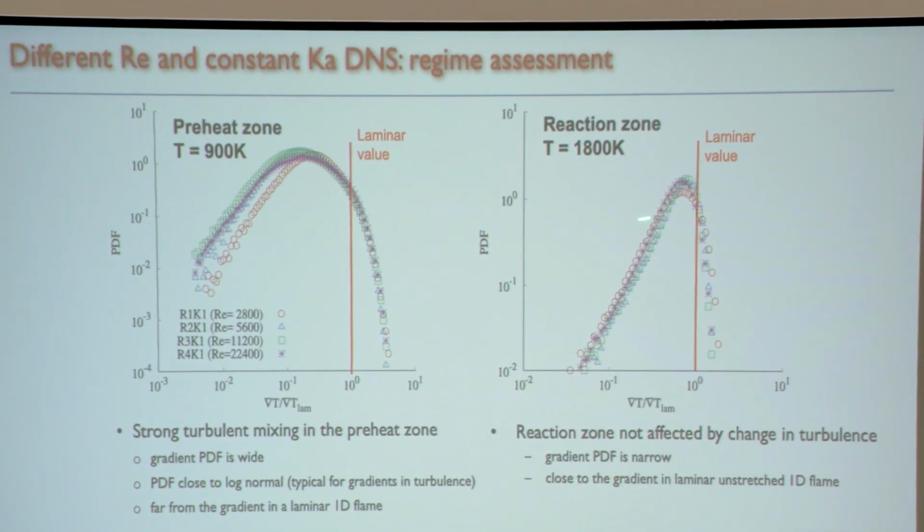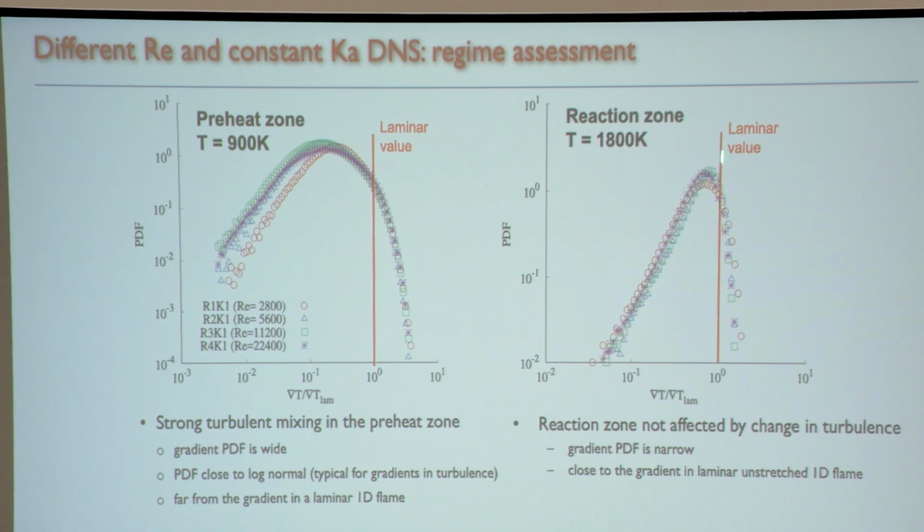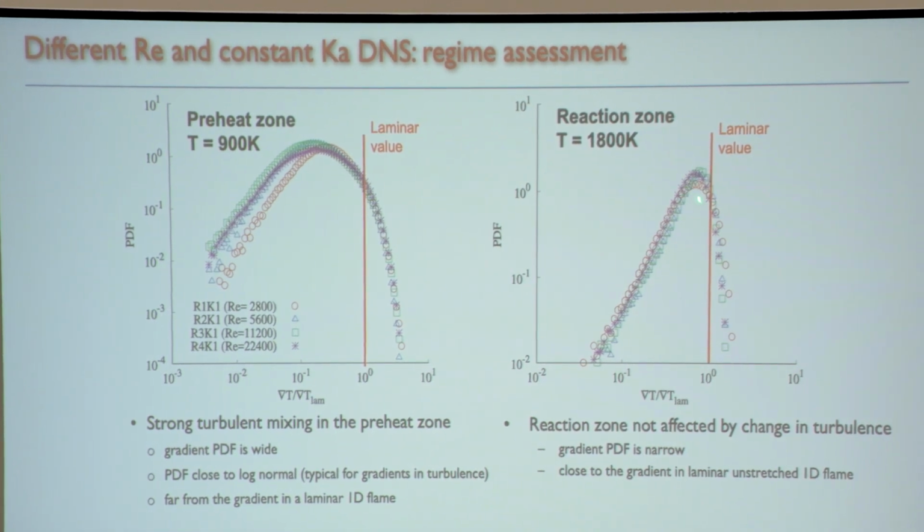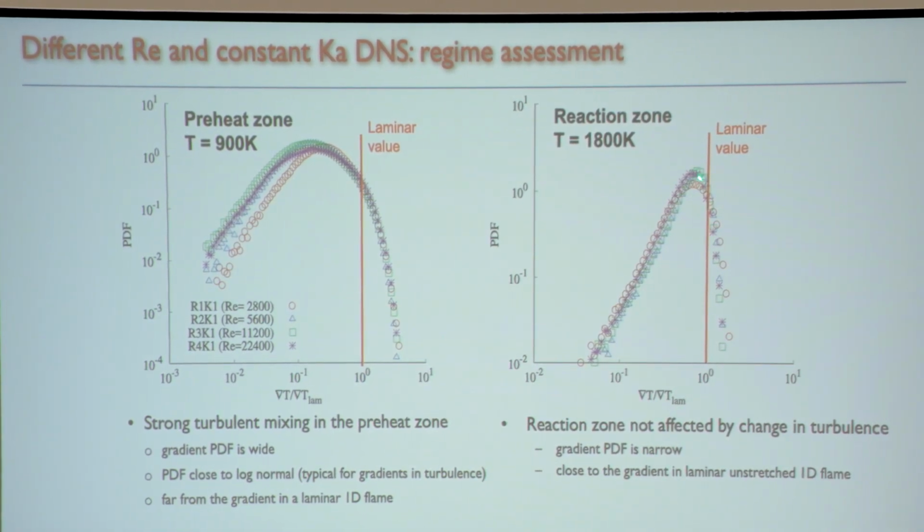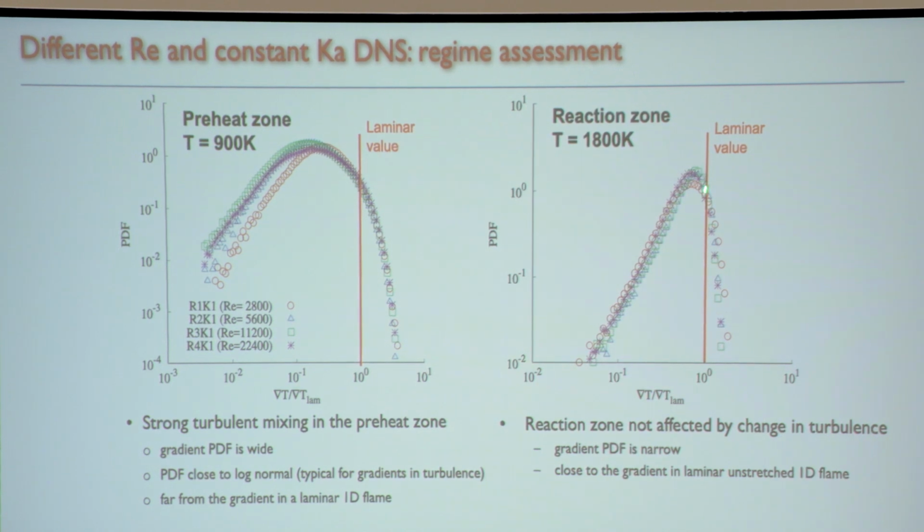Now, if we look at the same quantity in the reaction zone, you see the maximum is roughly here, which is almost exactly the laminar value. So these flames are all in a regime where the preheat region is very wide from the turbulence, but the reaction zone has the thickness of the laminar reaction zone.